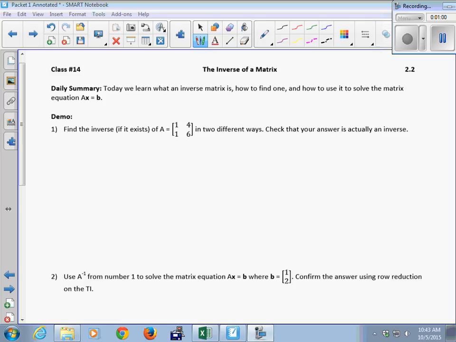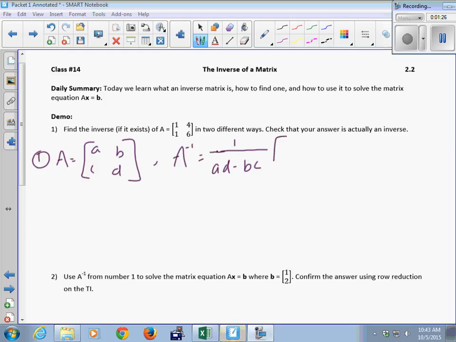Okay, so I've got a matrix A, [1, 4; 1, 6], and I'm going to find its inverse in two different ways. The first one says that if A is the matrix [a, b; c, d], then A inverse we find by doing 1 over the determinant, AD minus BC, times a matrix slightly adjusted, right?